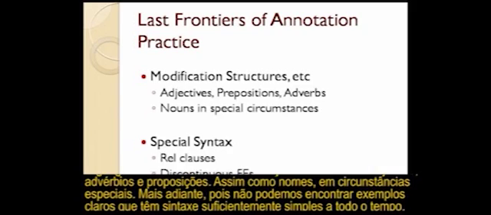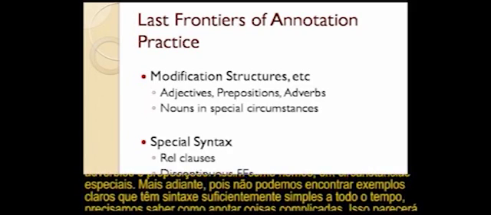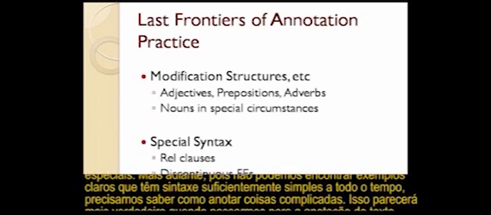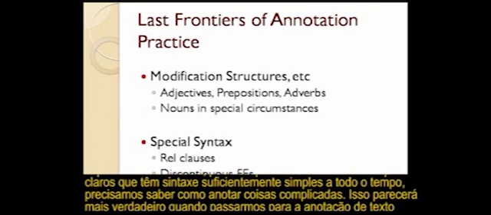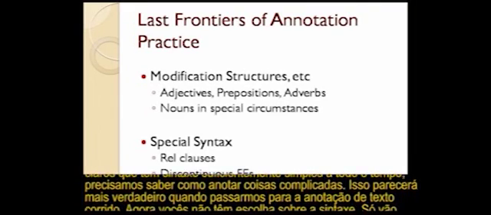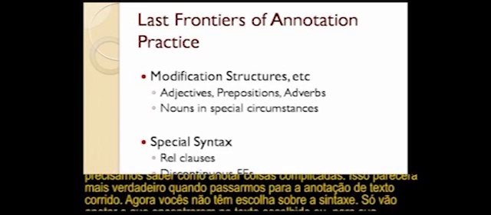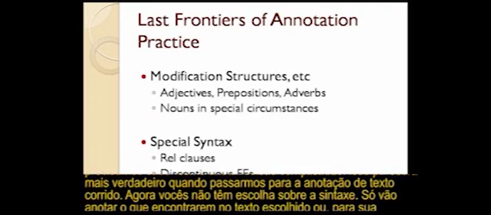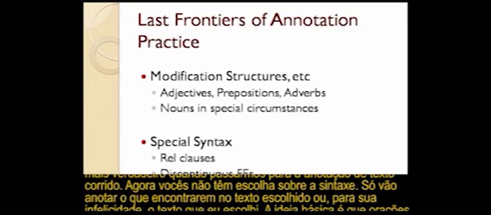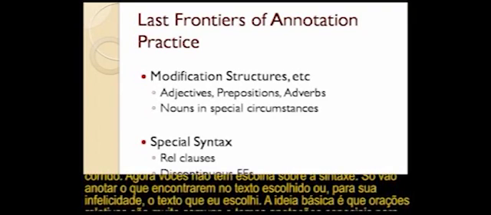Furthermore, because we cannot always find really clear examples with sufficiently simple syntax, we also need to know how to annotate some more complicated things. This is going to be more true when we move on to full text annotation, because there you have no choice about the syntax. You're just going to annotate whatever you find in the text that you've chosen, or in your unfortunate case, the text that I have chosen.